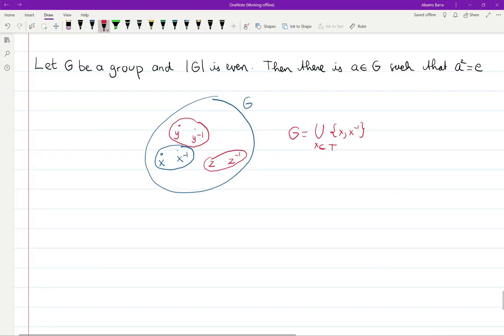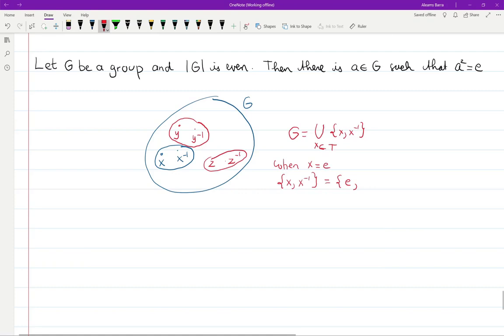And then among this, remember that G has a neutral element. When X equals the neutral element, then this set, which is E and the inverse of E, but the inverse of the neutral element is itself.